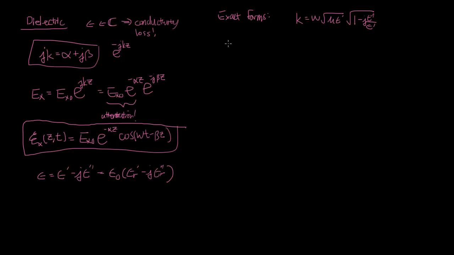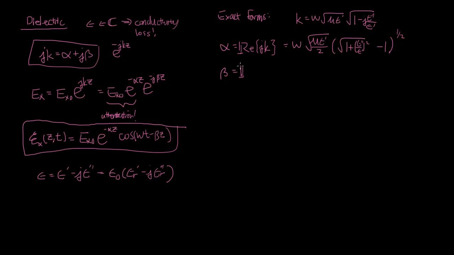And alpha, which is equal to the real part of jk, is going to be equal to omega square root of mu epsilon prime over 2, times the quantity square root of 1 plus epsilon double prime over epsilon prime squared, minus 1, all to the 1/2.